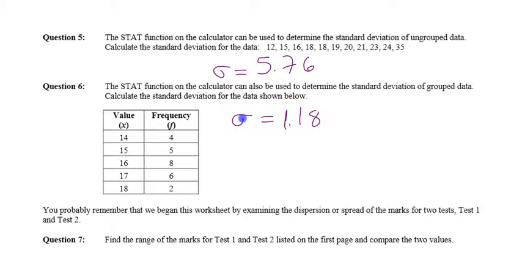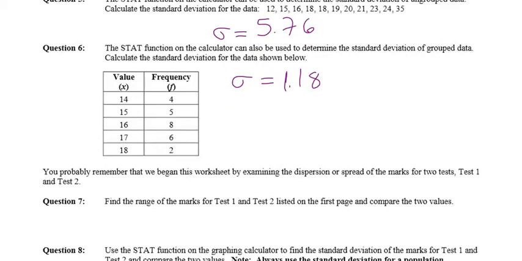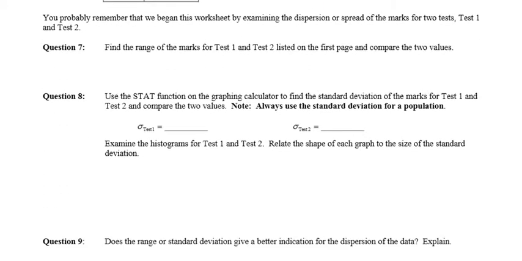You probably remember that we began this worksheet by examining the dispersion or spread of the marks for two tests, test 1 and test 2. Find the range of the marks for test 1 and test 2 listed on the first page to compare the two values. What is the range of the marks for test 1? How do I calculate it? Just 15 subtract 9. So the range is 6.